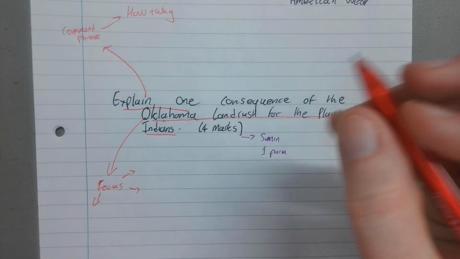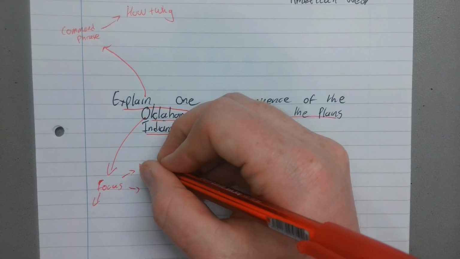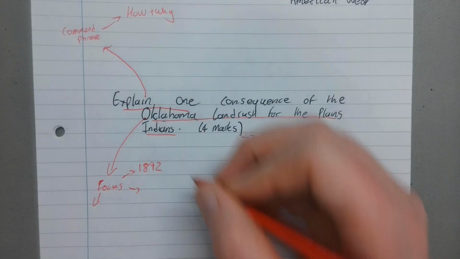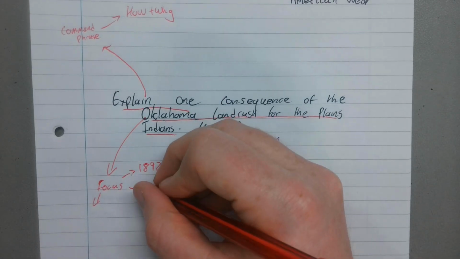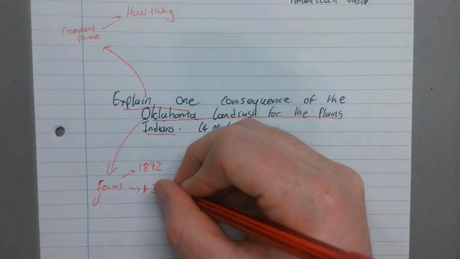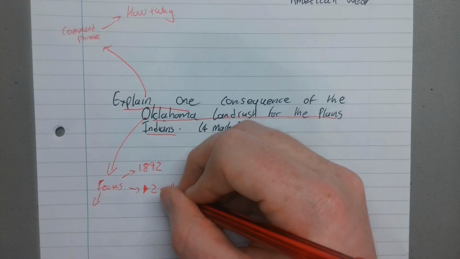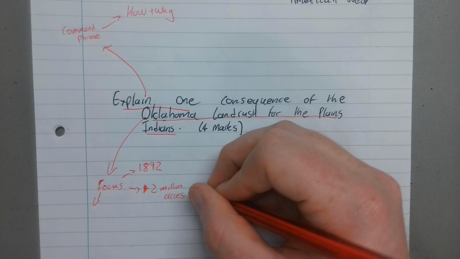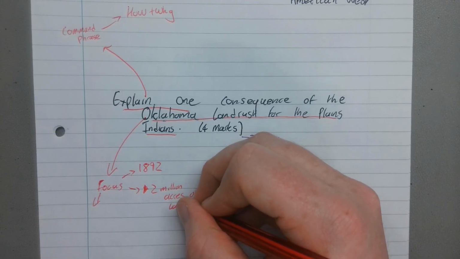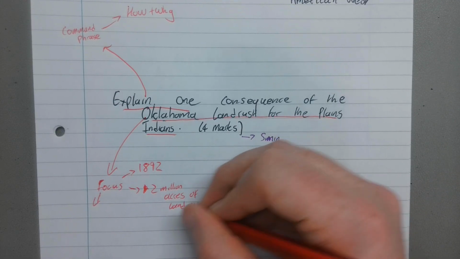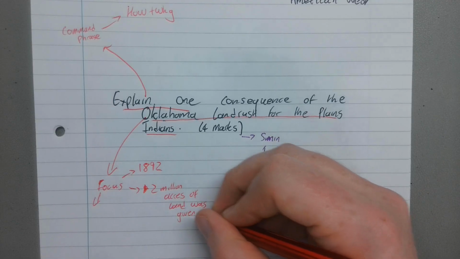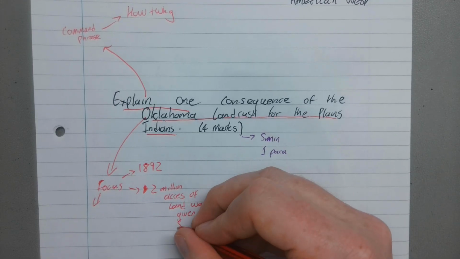Okay, right. So, first and foremost, that took place in 1892. 2 million acres of land was given to settlers.